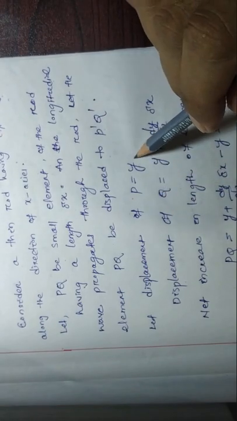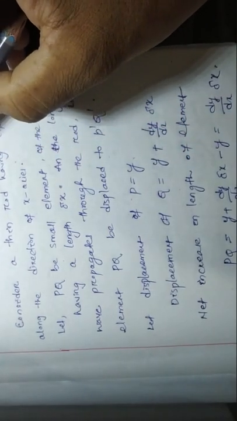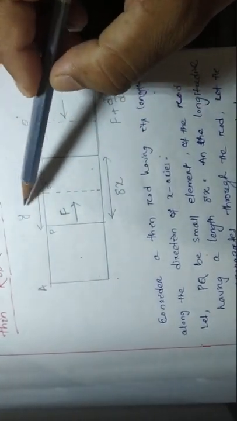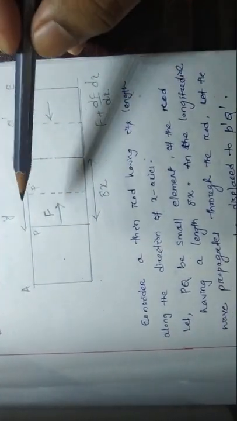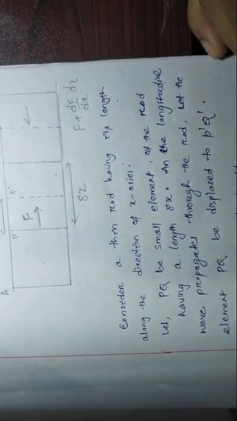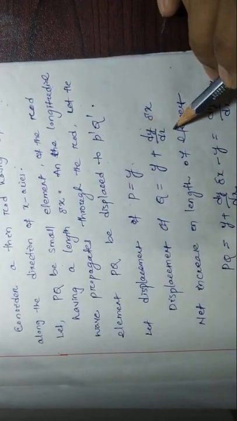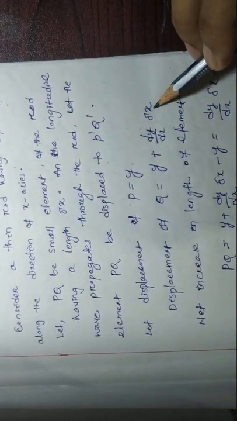The displacement of P to P dash is y. Okay, but the displacement of Q to Q dash will be y plus dy/dx into delta x.